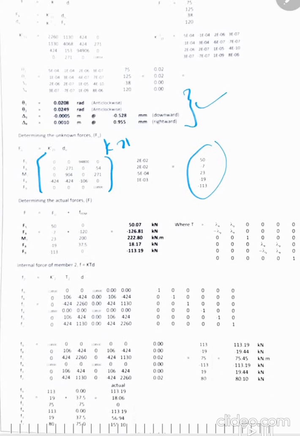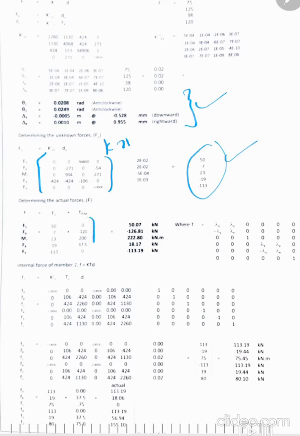After that, go to find the actual forces. The actual forces are just the value that you get from this one, plus the value of the fixed end moment that you get when you change the members to fixed end moment.